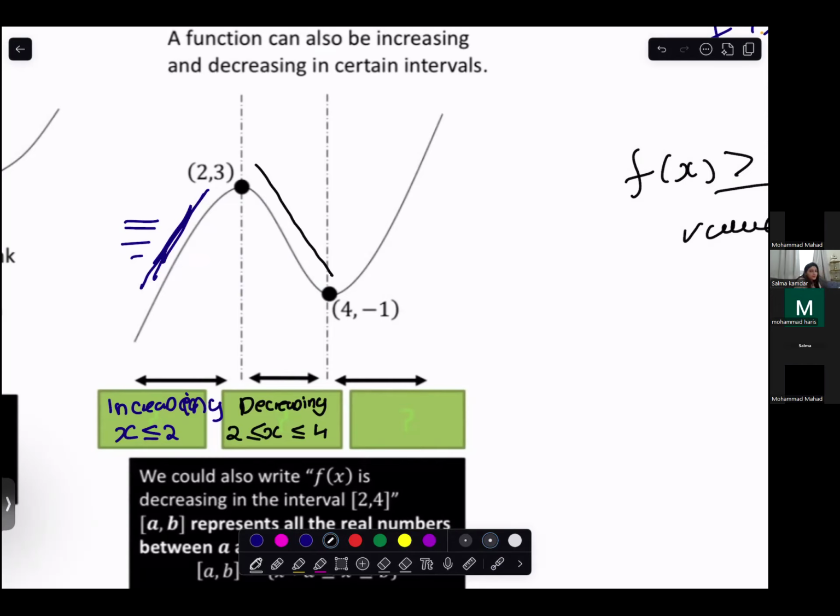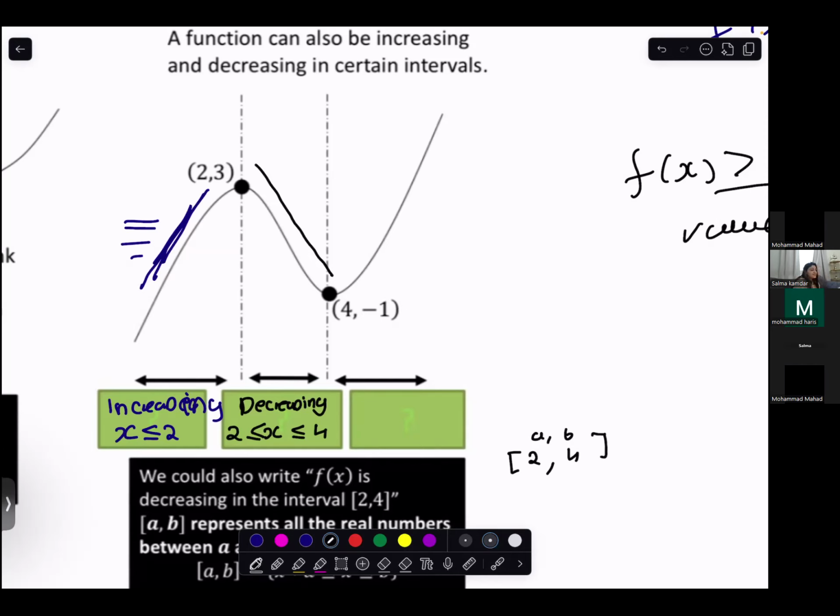So can you give me the interval of the decreasing function? 2 is less than or equal to x, which is less than or equal to 4. It would be a comma b, or I would say it is a decreasing function between 2 and 4. 2 comma 4 is the interval of the decreasing function.